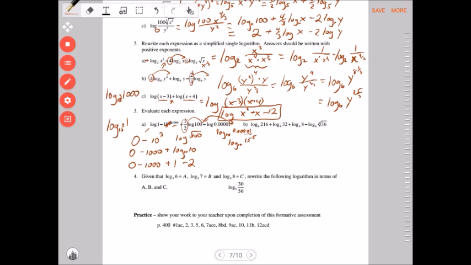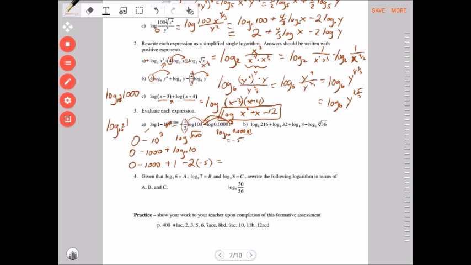The log base 10 and 10 cancel each other, so we just get negative 5. Now, if you don't like how I did that, you can just type in log base 10 of 0.00001, and that equals negative 5. So we're going to have negative 2 times negative 5. Remember, that 2 came from jumping down in front, so it's minus 2.